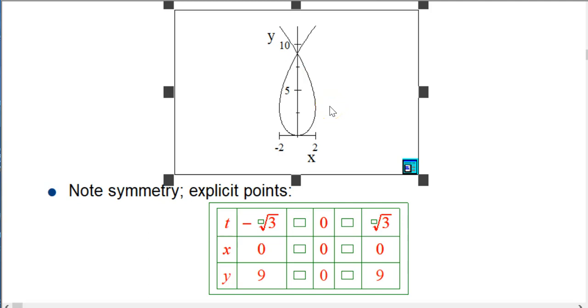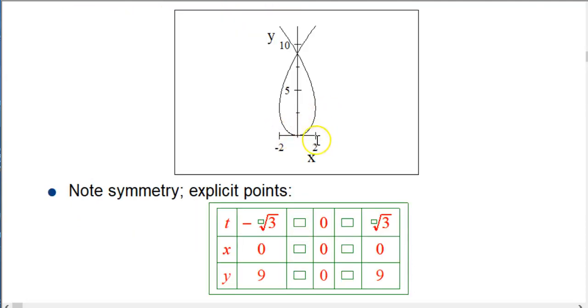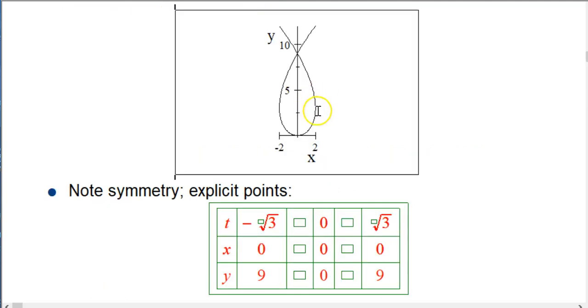You can get that all out of the equation, by the way. So let's see what calculus tools, what kind of questions we might have for this thing. It looks like the tangent line to this curve is horizontal right when it hits the origin. Is there a nice easy way to show that that comes from the equations? When and where is the tangent line vertical? Looks like there's 2 points around here and around here where the tangent line is vertical.